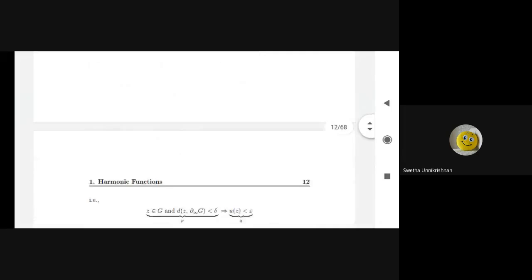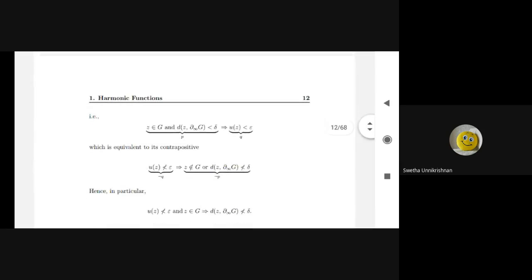As d of z comma del infinity of G is equal to the infimum of the set of all d of z w such that w belongs to del infinity of G, which is less than or equal to d of zw for all w belongs to del infinity of G. This is our definition, and it follows that if z belongs to G and d of z comma del infinity of G is less than delta, then z belongs to G and d of z comma w is less than delta for some w belongs to del infinity of G, so that z belongs to G intersection B of w delta for some w belongs to del infinity of G. Hence, by the choice of delta, we have u of z is less than epsilon.